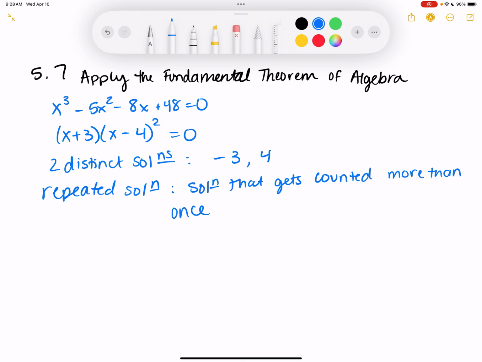So this problem actually has 3 solutions, -3, 4, and 4. But because 4 is a repeated one, it only has 2 distinct solutions.